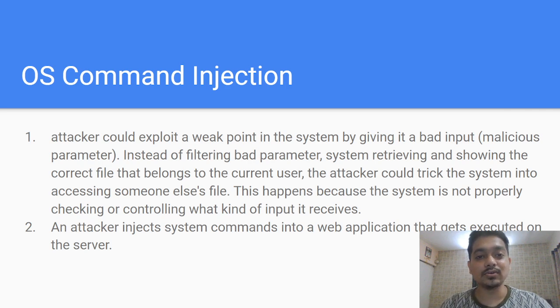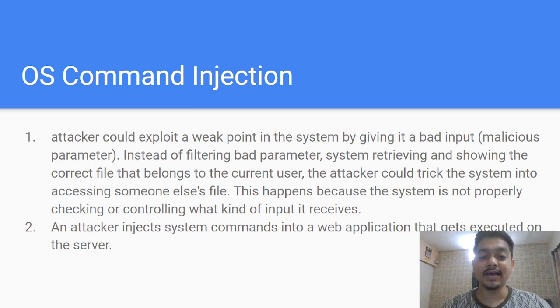So coming to command injection, what exactly is an OS command injection? In OS command injection, an attacker could exploit a weak point in the system by giving it a bad input or malicious parameter.